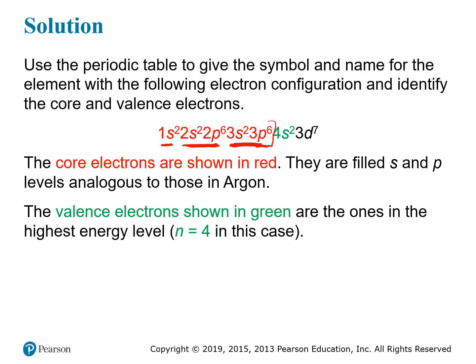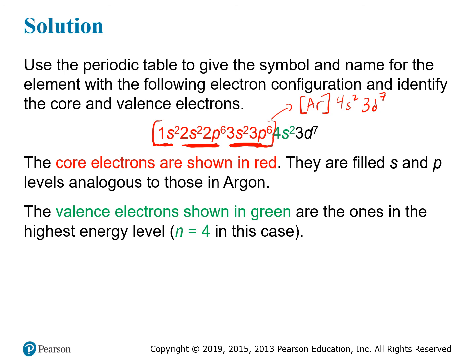So through here is the configuration for argon. Okay? So essentially you have an argon core plus these 2 electrons that are in the 4s orbital, and also 7 electrons in the 3d orbital. So the electrons that are shown in red here are the argon core. Those are the core electrons. The ones in green are the valence electrons.